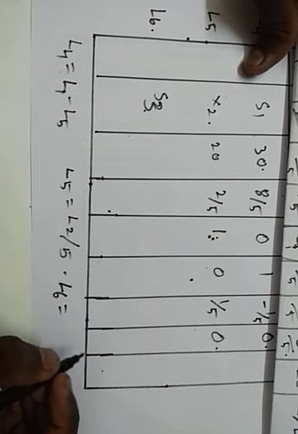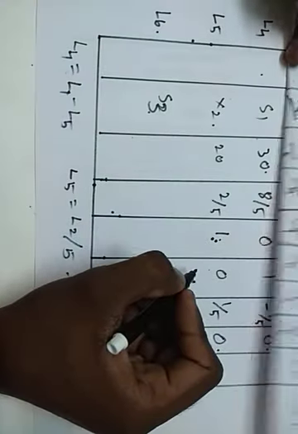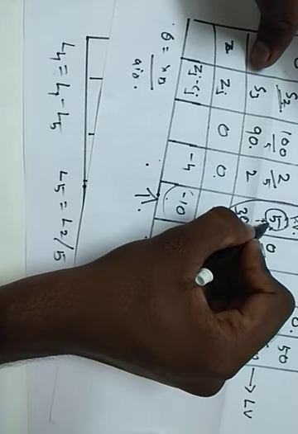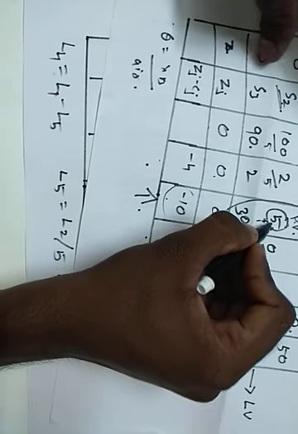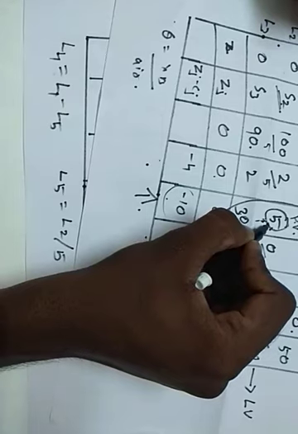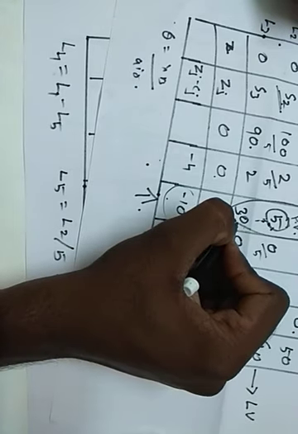Now coming to L6. Now our L3 value is 3. So we have to make this as 0. So our pivot element we've already made it as 1. So if you multiply L5 by 3 and subtract from L3, we'll be getting the L6.